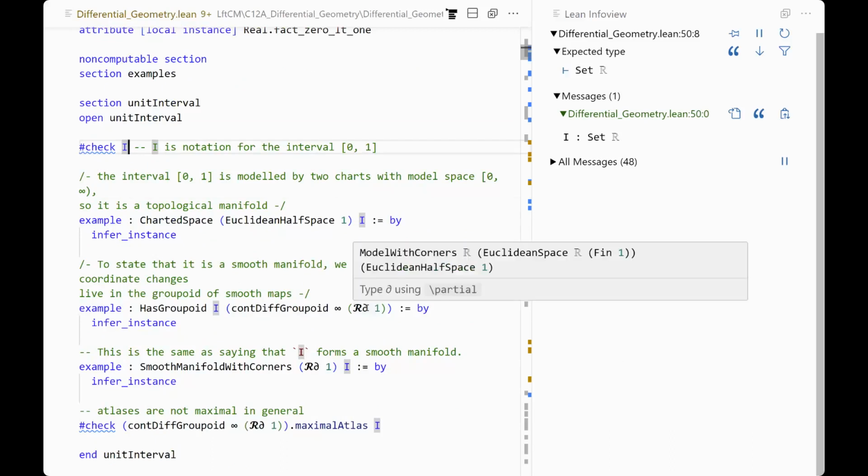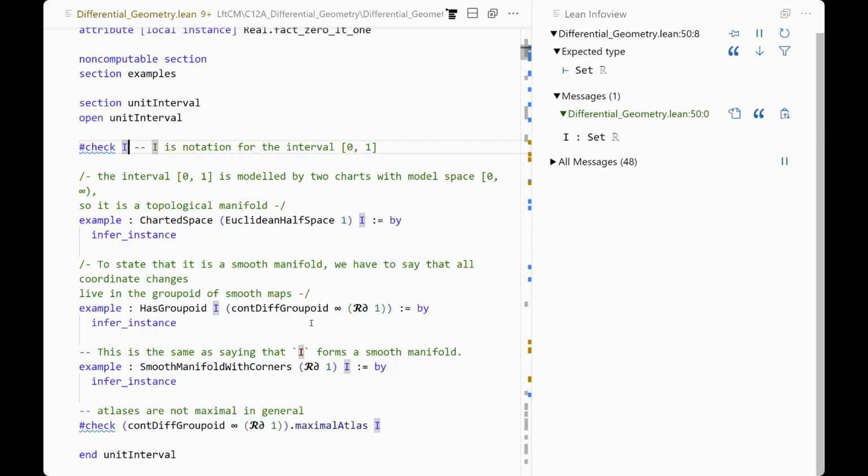So let's see, this is the dimension. So this R delta. I don't get a nice mouse-over explanation of what R delta is, but R delta is this model space, the model. So in Lean it's slightly different.